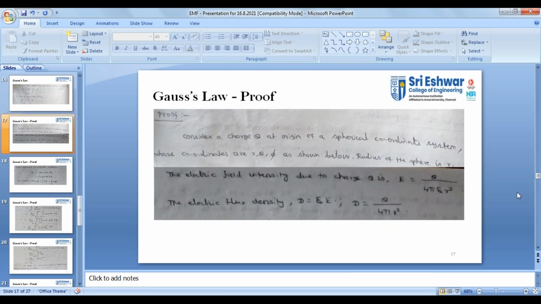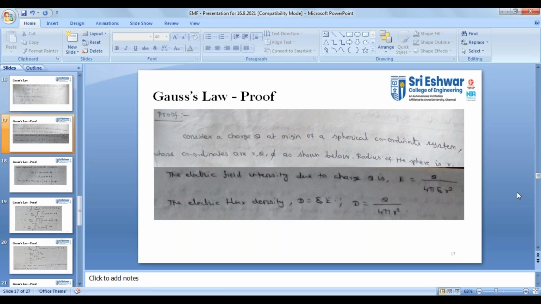Consider a charge Q at the origin of a spherical coordinate system. For my convenience in proving Gauss law, I am taking a sphere. In the spherical coordinate system, the coordinates, as we know, are r, theta, and phi, as shown. Assume the radius of the sphere as r.